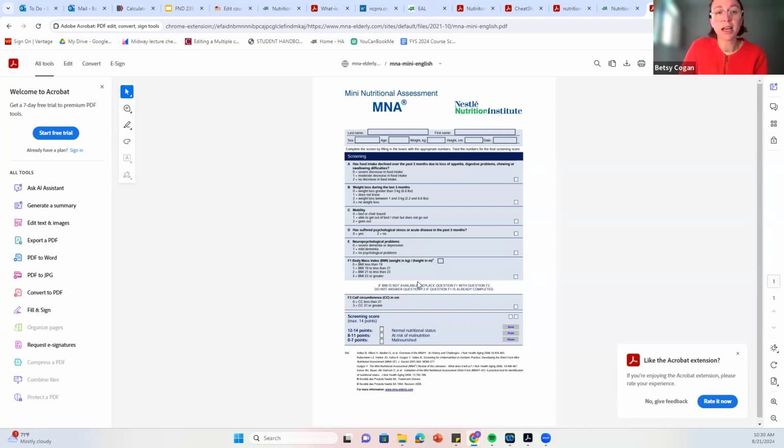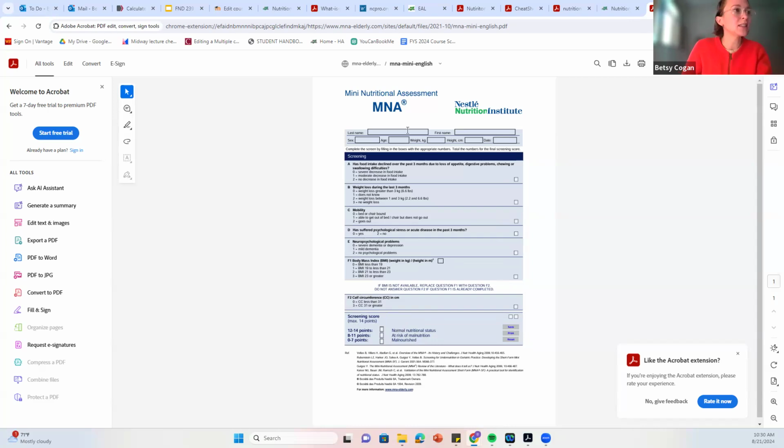Is their BMI in that really low range where we would have some nutritional concerns? Importantly, right, we can have malnutrition without a low BMI, but this is just another way that we can catch malnutrition. So we add up all of our points here, and then it tells us, right, are they at risk for malnutrition? Are they malnourished? Or do they have a normal or adequate nutrition status based on this screening?